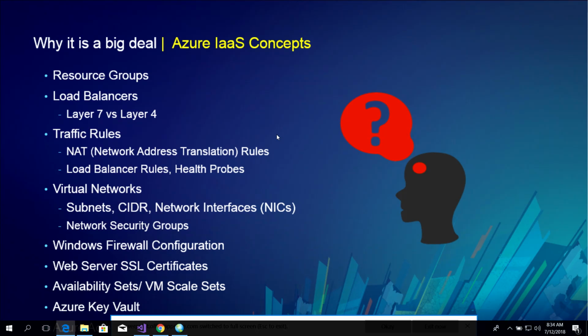There's concepts such as resource groups, load balancers, virtual networks, configuring the firewalls, dealing with certificates, and understanding some of the Azure terminology like availability sets, integrating with things like Key Vault. So depending on your expertise and your level of experience with Azure, you may be familiar with it or you may not. So our objective really is to simplify all of that, and so you don't have to worry about a lot of these details and can be up and running really quickly.